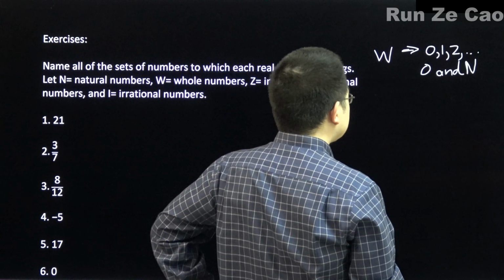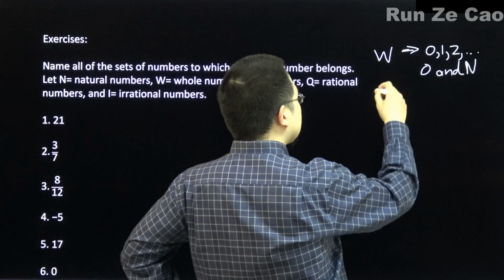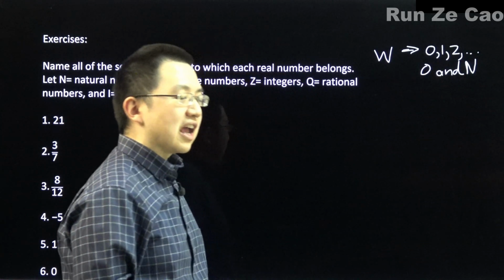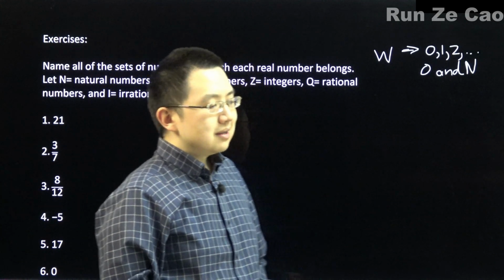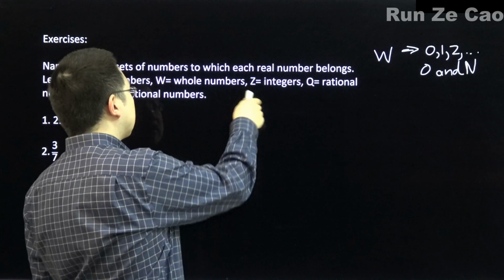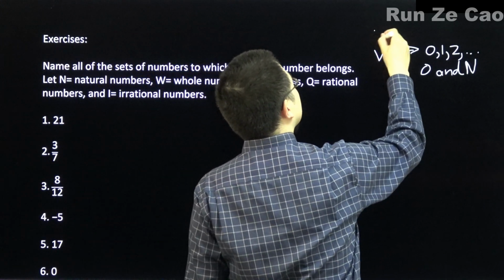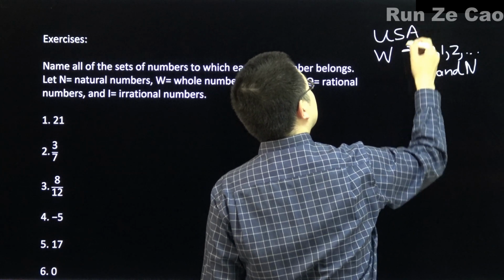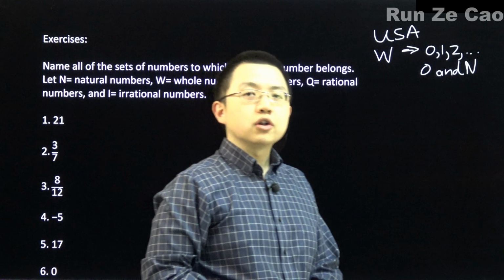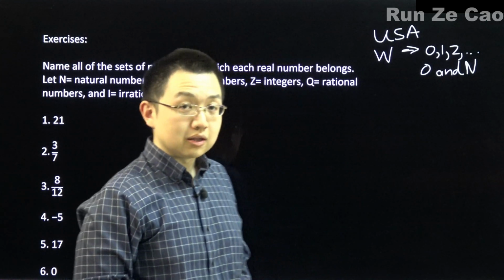Yeah, most of the rest of the world say that, yeah, either have N including 0 or you have N plus, which explicitly excludes 0. And for most of the rest of the world, integers and whole numbers mean the same thing, but this is the USA version. W is this. It's important to note that the Americans do it this way.